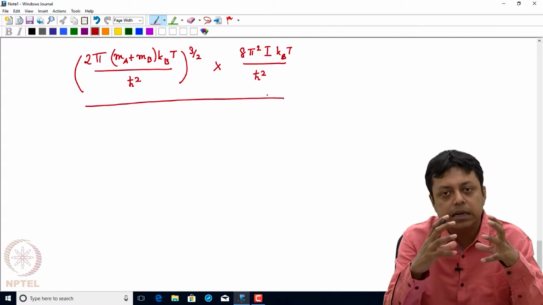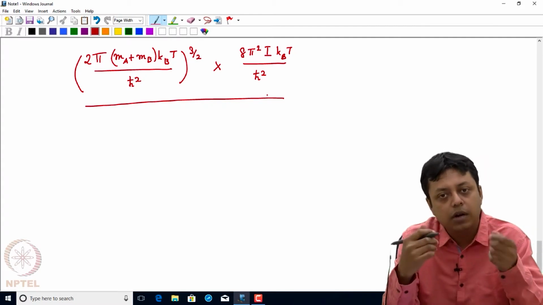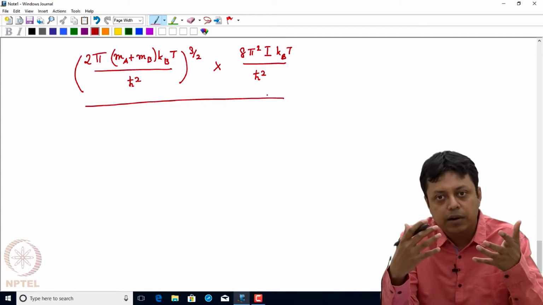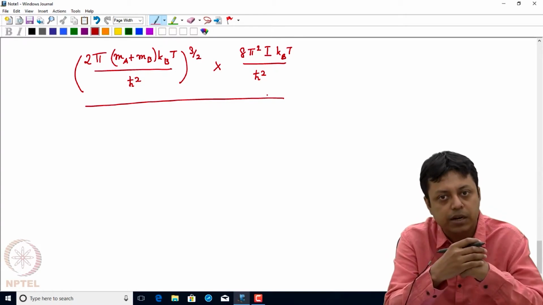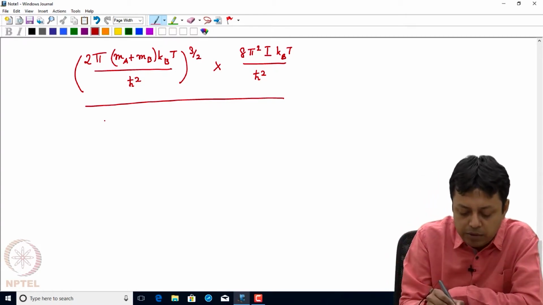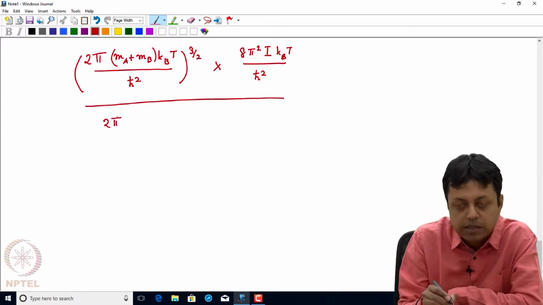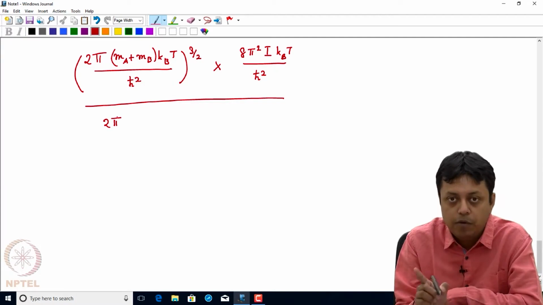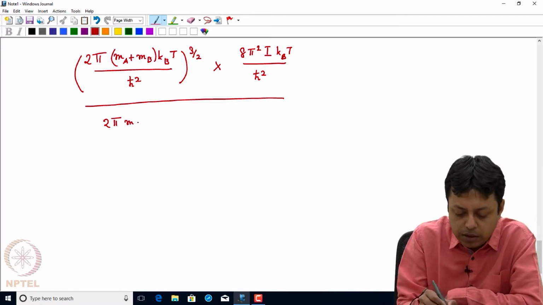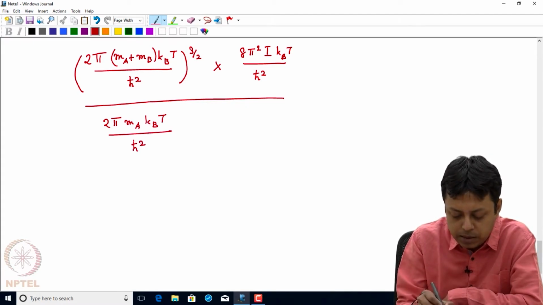Now since these are hard spheres, they do not have any degree of freedom other than translational. So we have to consider only the translational partition function per unit volume for A as well as for B. So the way we are writing it, note carefully. It is 2 pi mA kBT by h bar squared raised to 3 by 2.